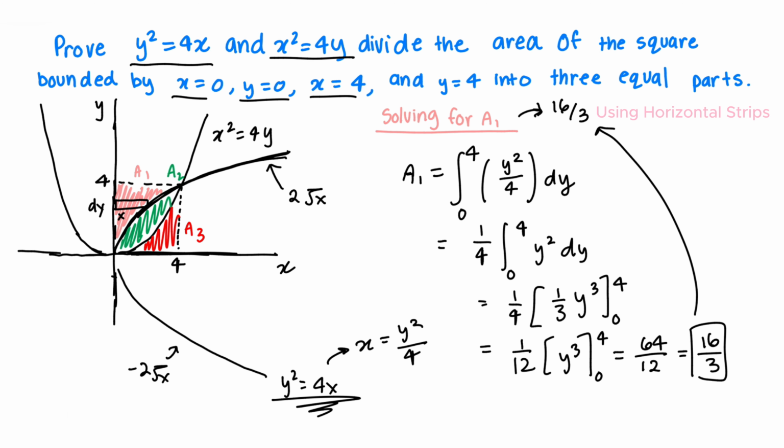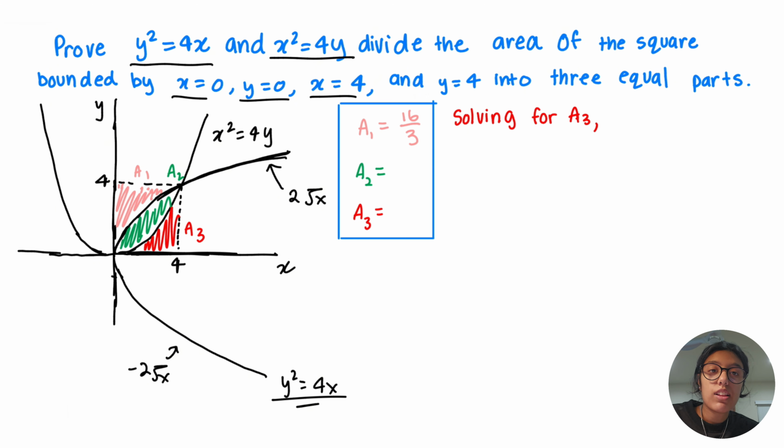Now, let's start solving for A3, because A2 is a little bit trickier and I want to get to that part last. So now let's solve A3. And in this case, the vertical strips are going to be easier. So I'm going to take the vertical strip, and this is going to be dx, and this is going to be y. The reason vertical strips are easier is because this function is already defined in terms of y.